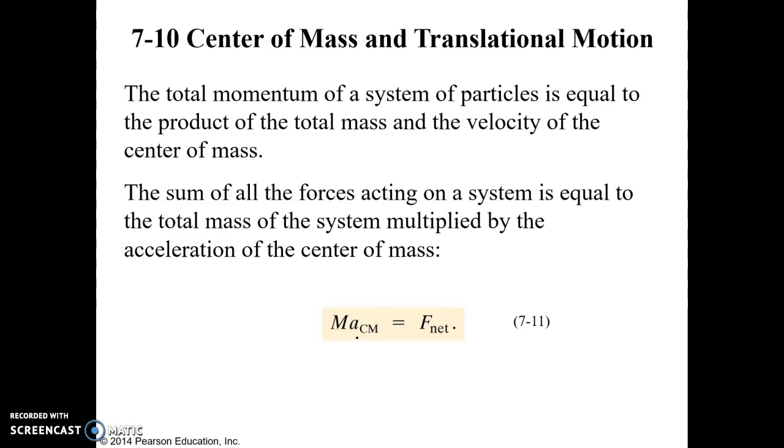So again, one of the reasons why we are concerned about the center of mass, like in the previous slide where we had the image of the wrench that was being thrown across the screen, and it was rotating as well as translating. We can say that the total mass of that system, the mass of the wrench, for instance, multiplied by the acceleration of the center of mass.